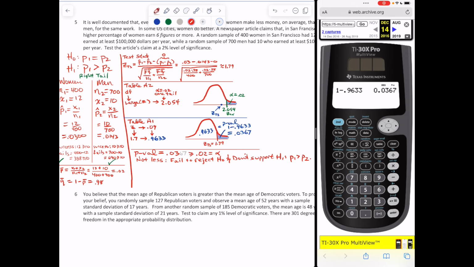Okay, so let's go ahead and write our little conclusion here. The data do not support the claim that a larger proportion of women in San Francisco earn 6 figures or more compared to men.